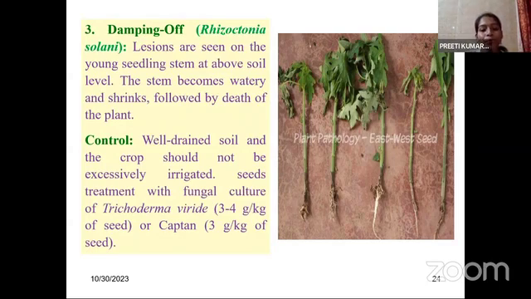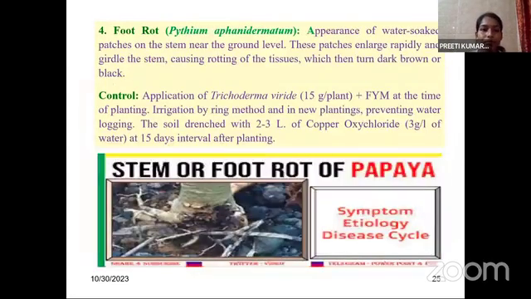Well-drained soil should be there. If no water stagnation is there, then the papaya will grow nicely and damping off won't occur. The crop should not be excessively irrigated. Seed treatment with the fungal culture Trichoderma viride can also be used to control damping off.